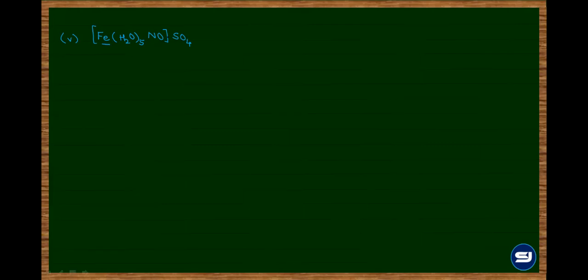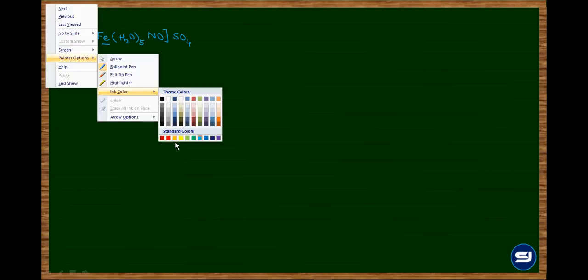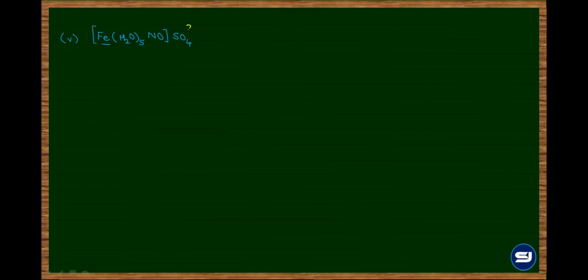Now, if I break this down, it's similar to a salt compound. What is the charge on sulfate? 2-. So what would be the overall charge on the square bracket? Plus 2.